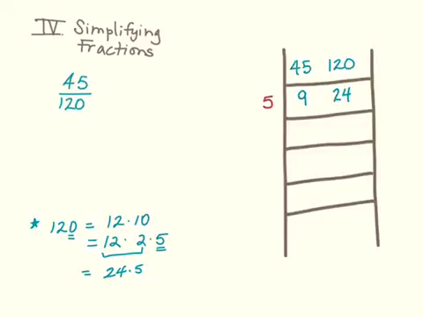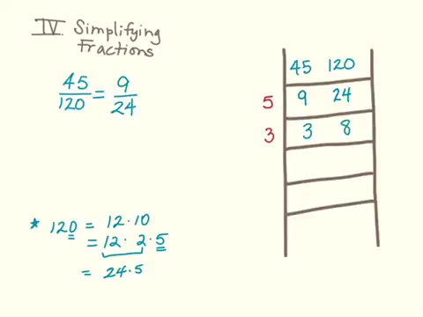So we have 9 and 24. So far we have broken down 45/120 to 9/24. 9 and 24 have a common factor of 3, and so we'll pull it out. 3 goes into 9 3 times, and into 24 it goes 8 times.